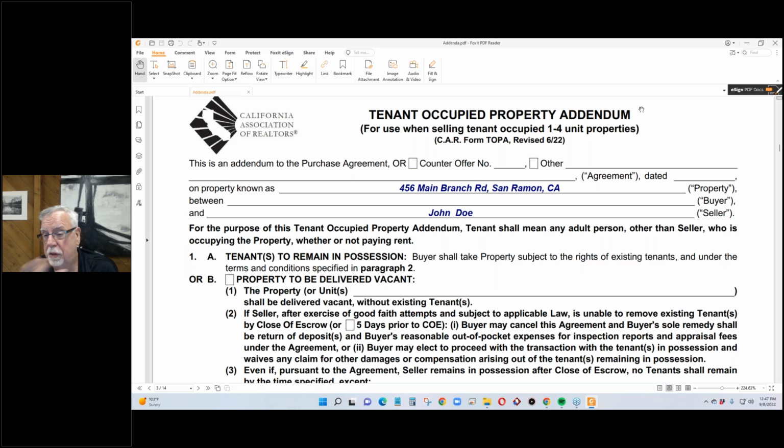Now it's called the TOPA form. And one of the major differences was in the tenant in possession form, it was kind of left up in the air whether or not the tenant was going to stay or whether or not the tenant was going to go. It really didn't explicitly explain that. But this form is a little bit different in that it makes it very clear whether or not the tenant is staying or whether or not the tenant is going.